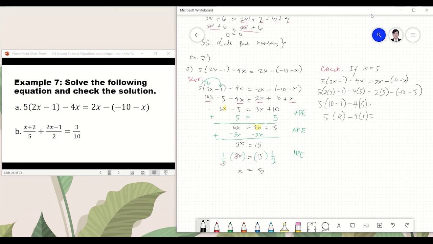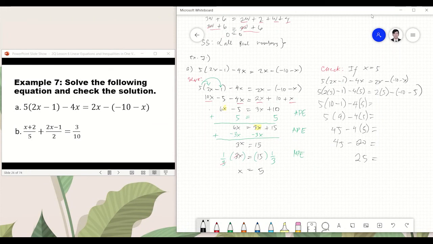Then, we multiply. 5 times 9, 45. Oops, hindi muna tayo magsasubtract. Magmumultiply muna tayo. So, 4 times 5, 20.